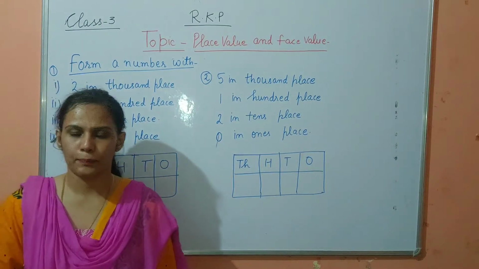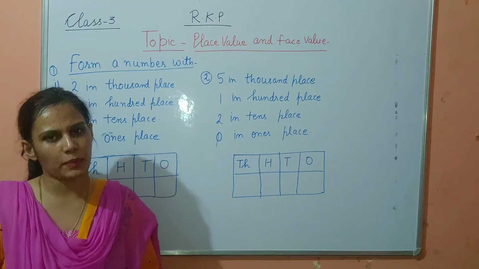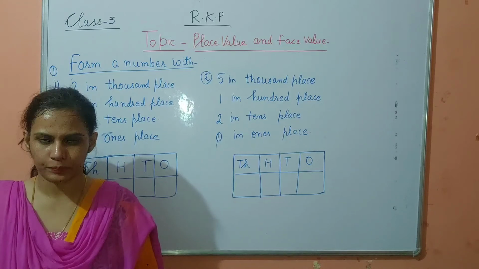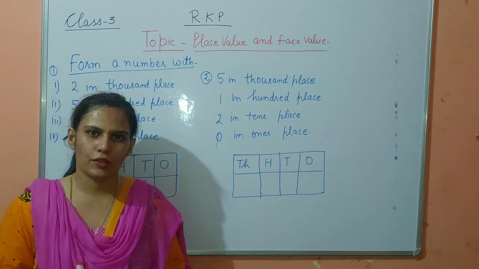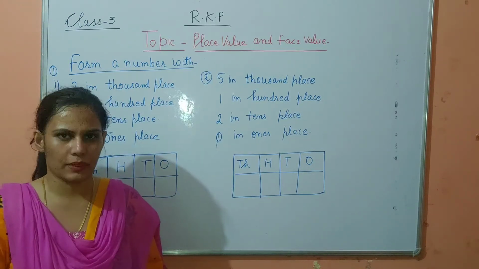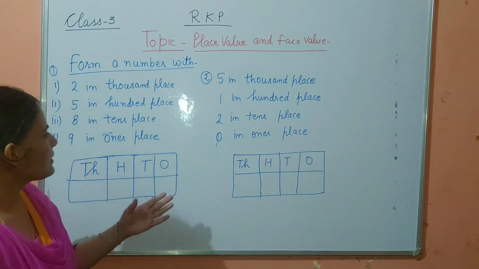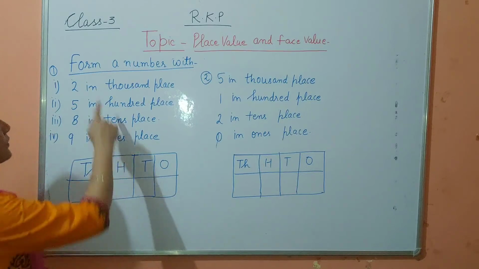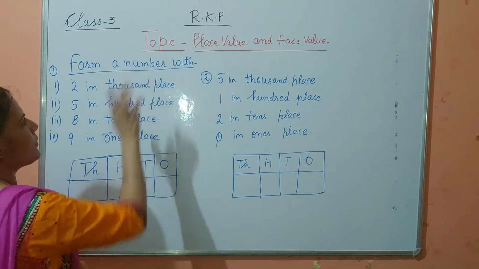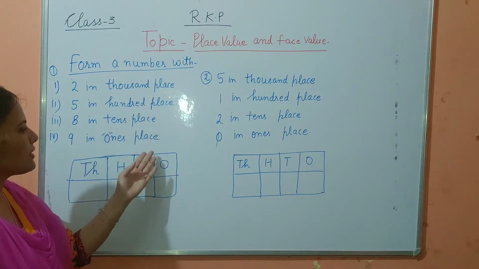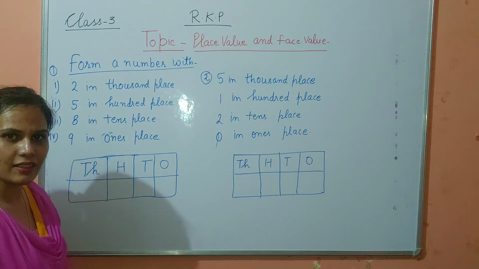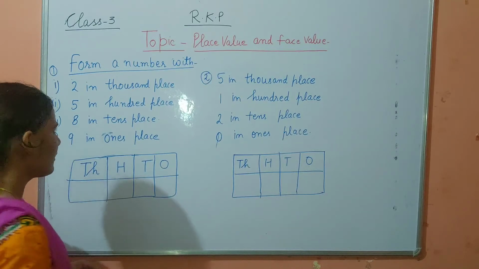Now students, as we have learned the place value and face value of the digit in the given number, our topic has almost completed, but this is a simple question. See, you are to form a number. You have been given the places and just write the number in the place value chart. Is it easy now?